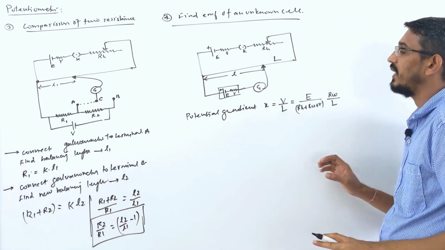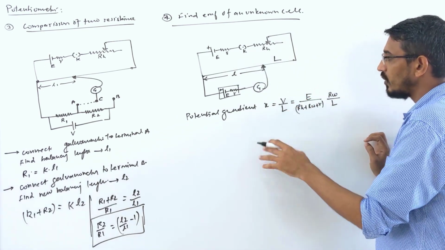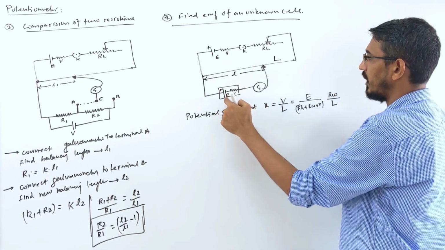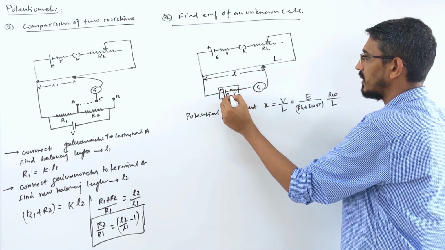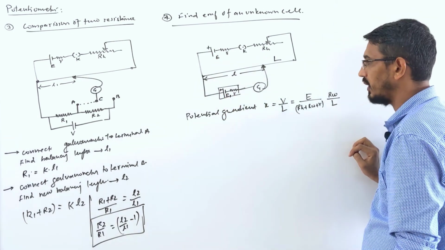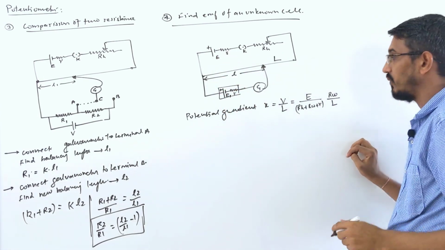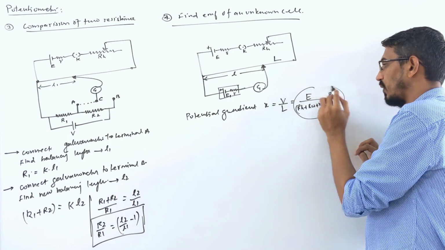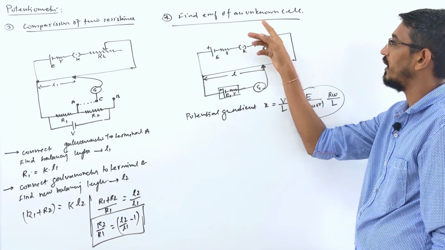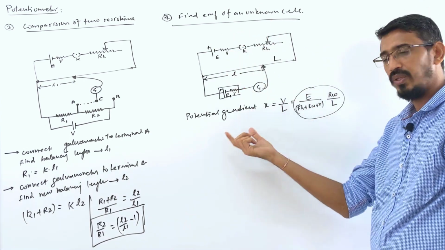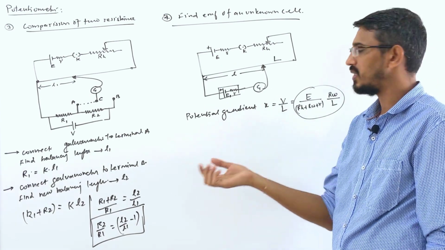So how will you find the EMF of the cell? Look here. Because there are two Es, I want to give a different name to this one. Let's call it E1, so that it doesn't confuse between this and this. First you will find the potential gradient by this formula. In order to find the EMF of an unknown cell, if the potential gradient is given to you, that's very simple, you just write this much only.